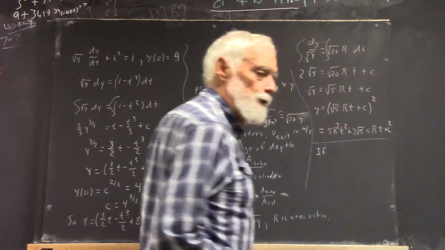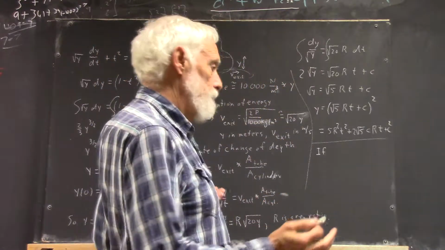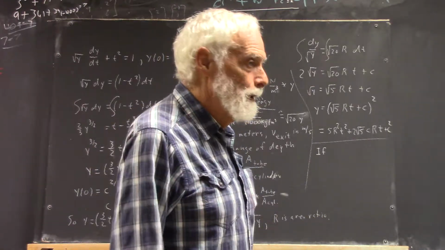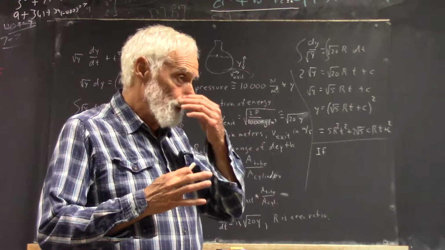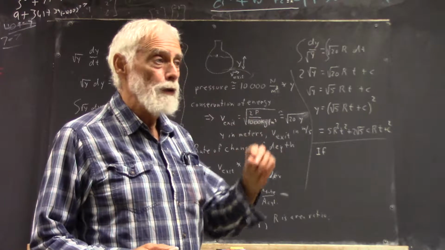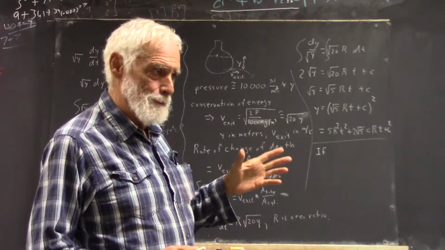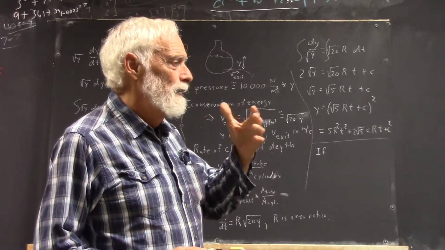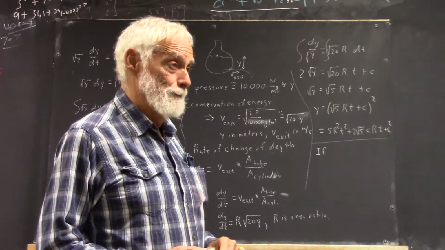Now, if the area ratio, let's see, I think for that bottle, wherever I put it, it keeps running away from me, the diameter of the cylinder is about 10 centimeters. The diameter of the tube is about 0.3 centimeters. Okay, assuming that, we find that it takes 100 and some seconds for the water to all flow out.